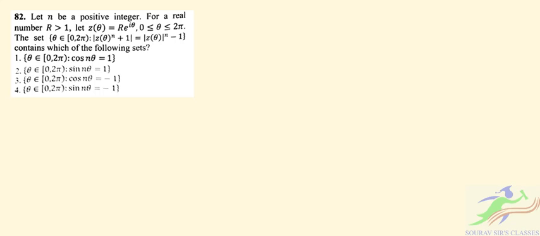Question number 82 is: let n be a positive integer. For a real number r greater than 1, let z(theta) be r e to the power i theta, where theta is ranging from 0 to 2 pi. Suppose the set S is given as the set of theta belonging to the semi-closed interval 0 to pi such that mod of z(theta) to the power n plus 1 equals mod of z(theta) to the power n minus 1.